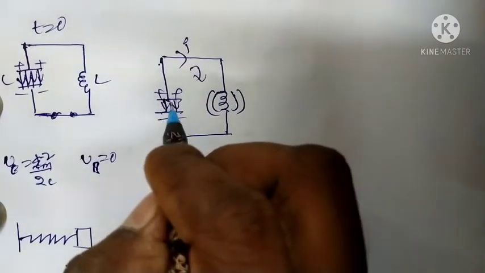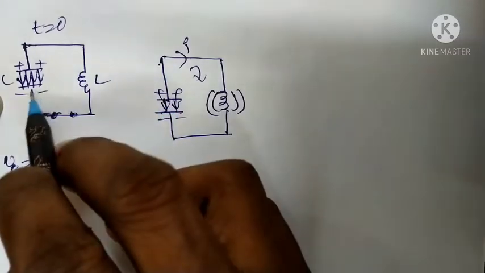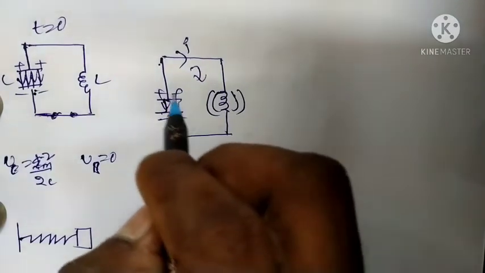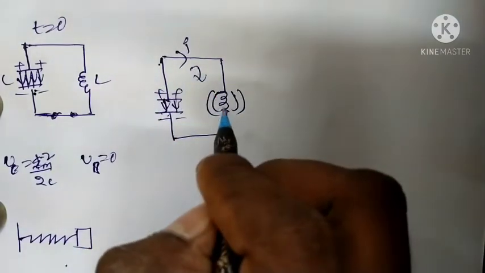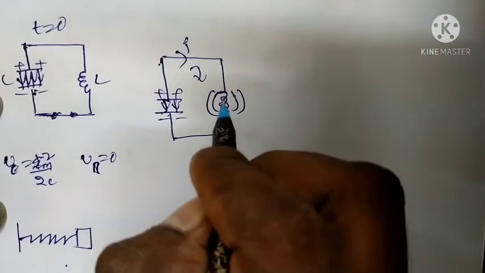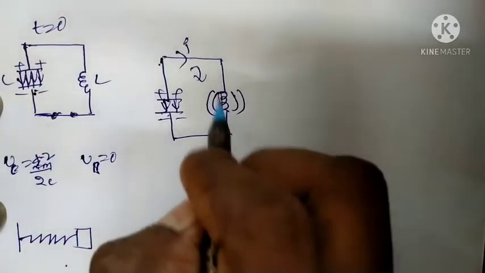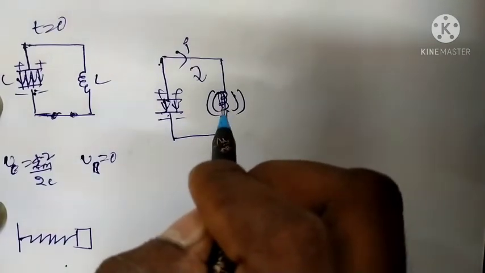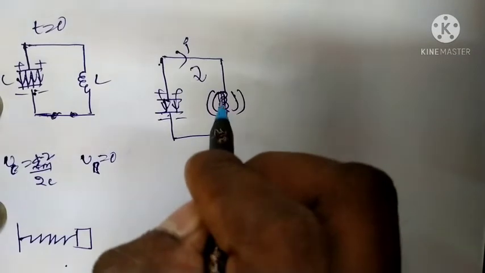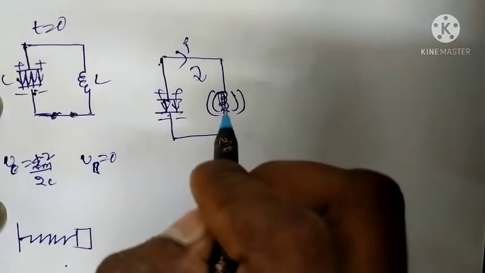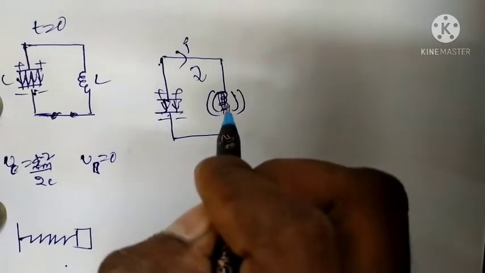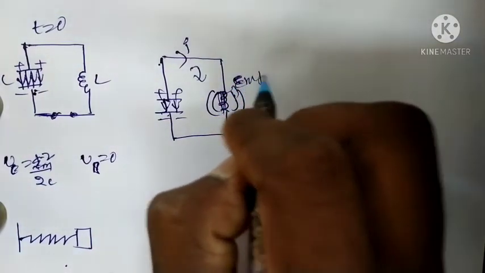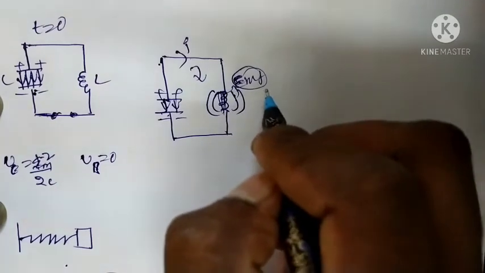Discharging means the charge carriers decrease: initially 4 charge carriers, here only 2. That means current is passing through the circuit. What happens in the inductor? As current passes through, a magnetic field is created, the flux changes, and when the flux changes, induced EMF is created.